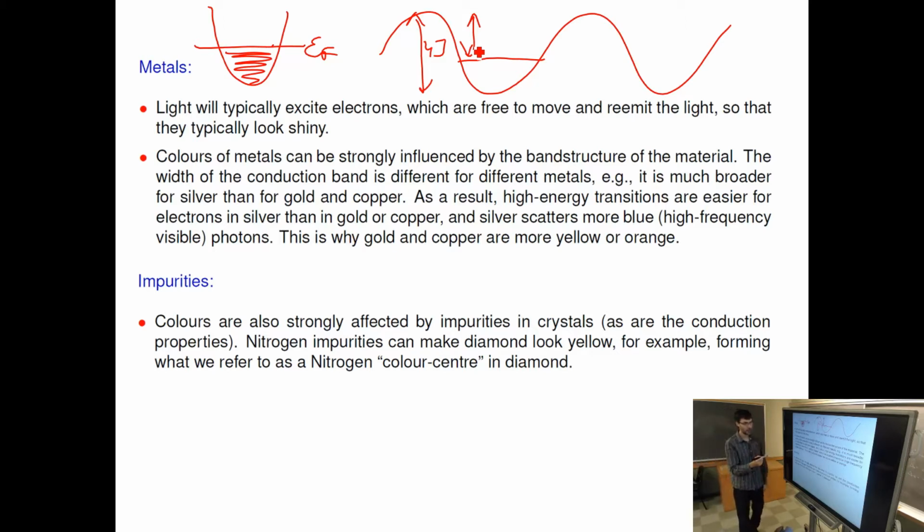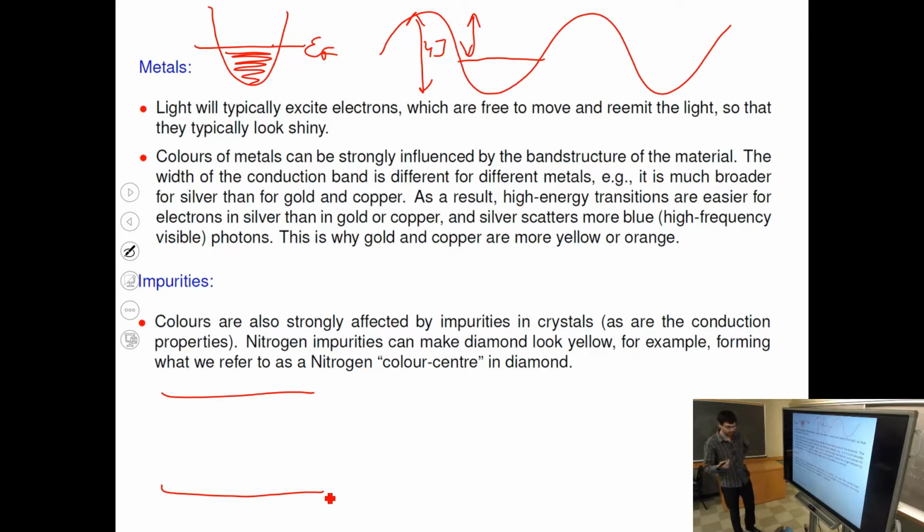Now, this is metals. This bit is about insulators. So imagine you have an insulator, a material with a large band gap, and so it's transparent, something like diamond. We will see in a moment. Now, in this diamond, there could be impurities, and we will talk about impurities more today and next time.